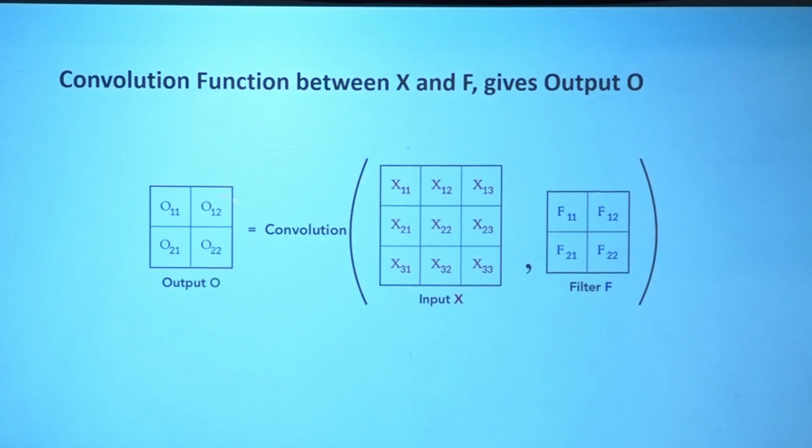So when you convolve a 3 by 3 input with a 2 by 2 filter, you get an output O, which is a 2 by 2 matrix. There are 4 elements in this matrix: O11, O12, O21, O22. So in the forward pass of this convolution operation, you have to apply the formulas for each of these variables in the output matrix.